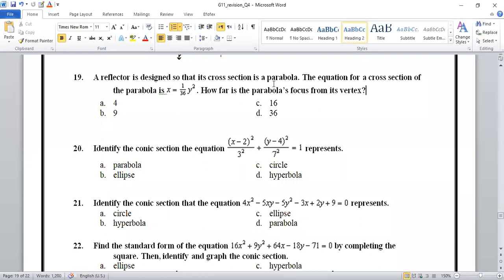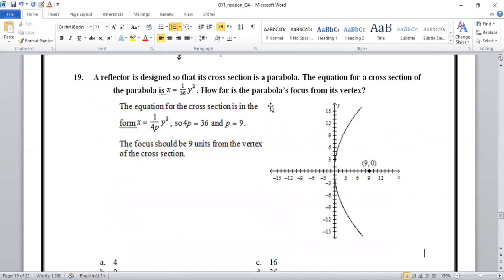Number 19, a reflector is designed so that its cross section is a parabola. The equation for a cross section of the parabola is x equal 1/36 y squared. How far is the parabola's focus from its vertex? The equation for the cross section is in the form x equal 1/4b y squared.